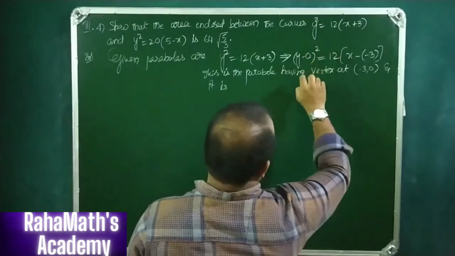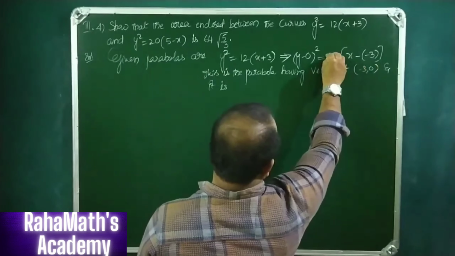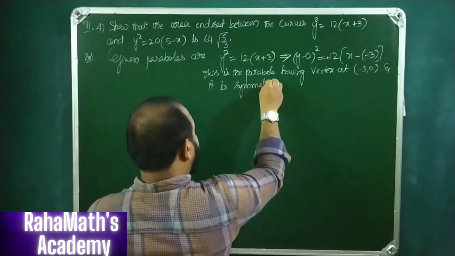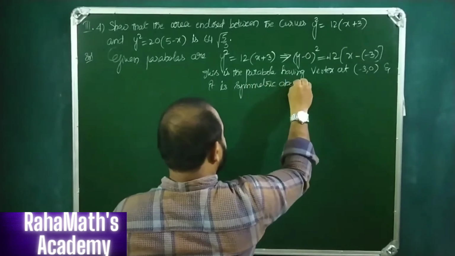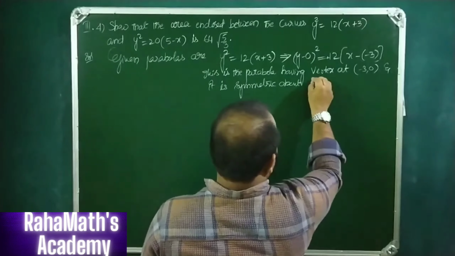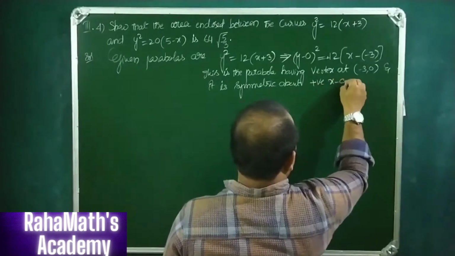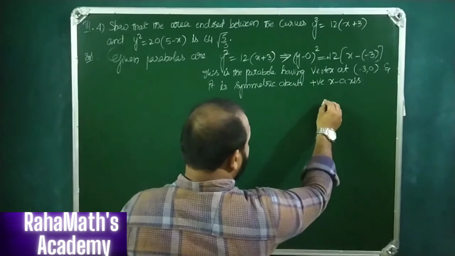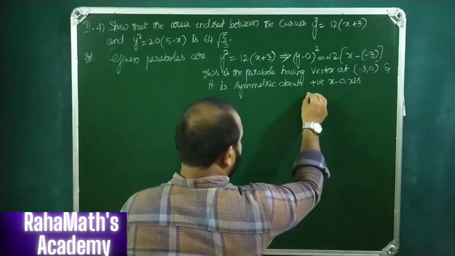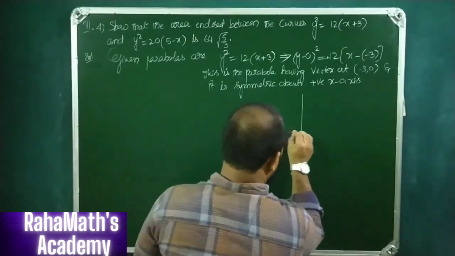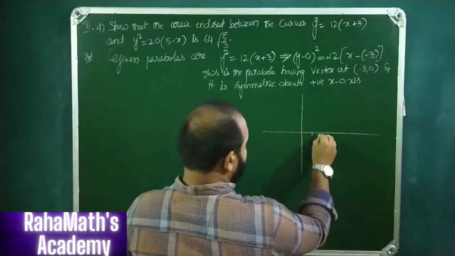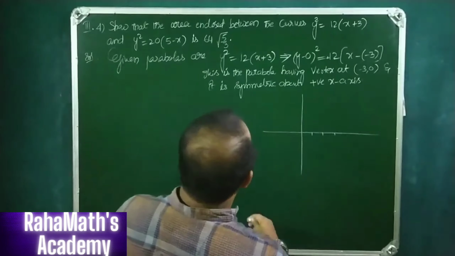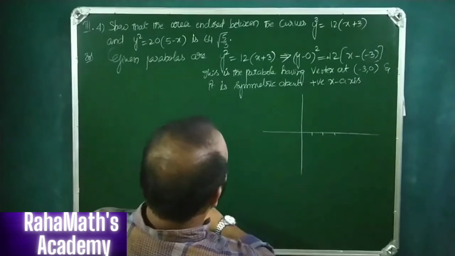see, y power even, symmetric about x axis. X has a sign positive here. So it is symmetric about positive x axis. So a rough diagram for which is, 1, 2, 3. So this is x minus of minus 3.